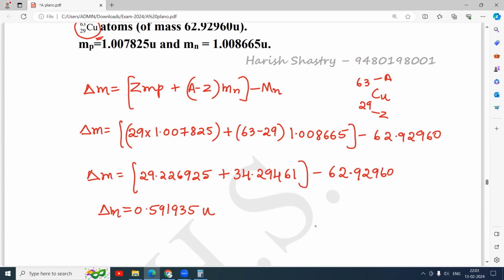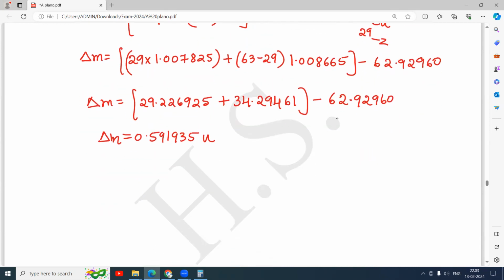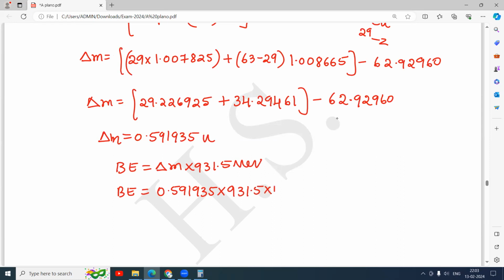That is the mass defect. Now, to find the binding energy, you know that binding energy is delta M into 931.5 million electron volt. So binding energy is 0.591935 into 931.5 million electron volt, that is 10 to the power 6 eV.